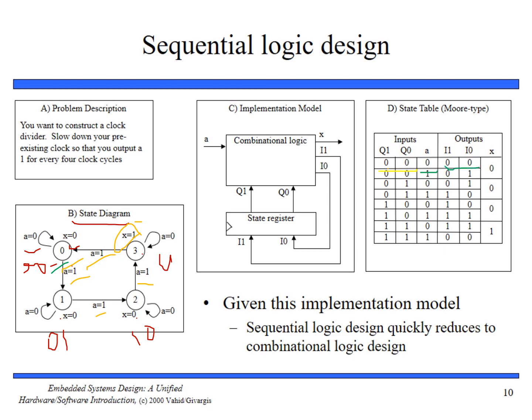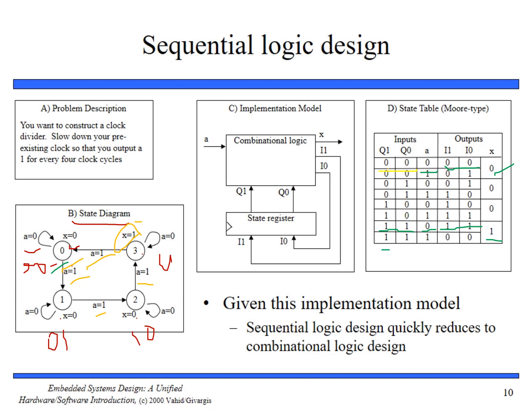It means we are not going anywhere else as long as A is 0, so X is 0. Now let's talk about this final one. When state is 1, 1, it means we are at 3, and A is 0. It means we are not going anywhere, so we are at the same state, but output X is 1.